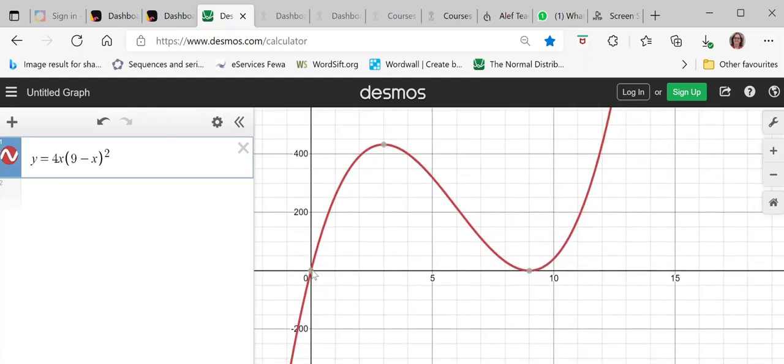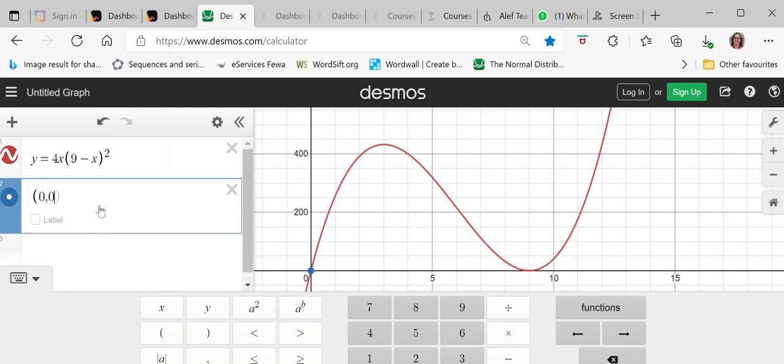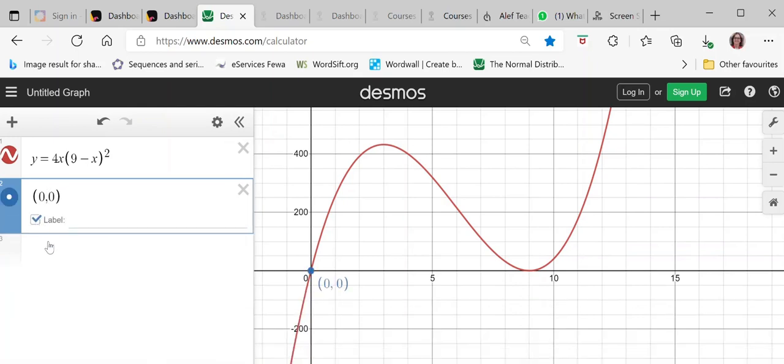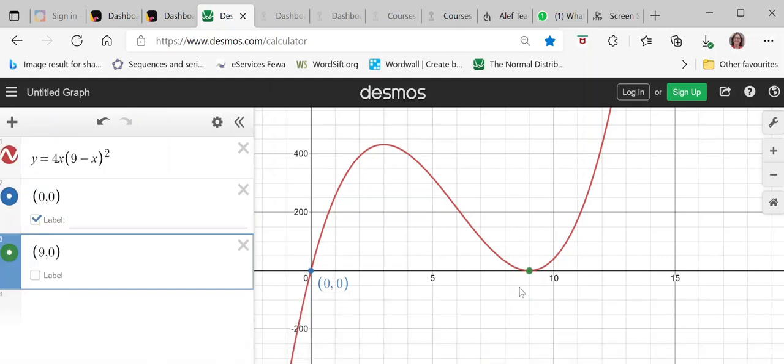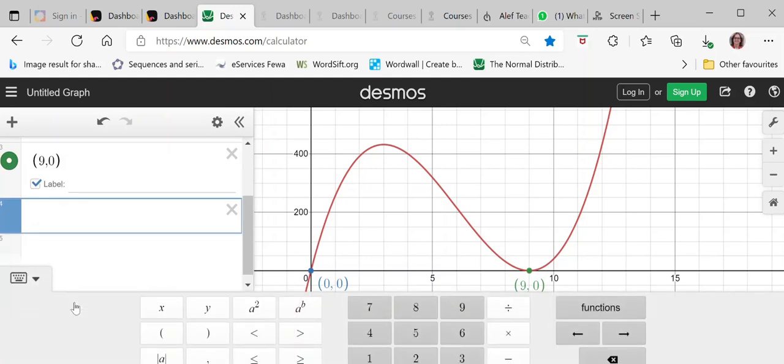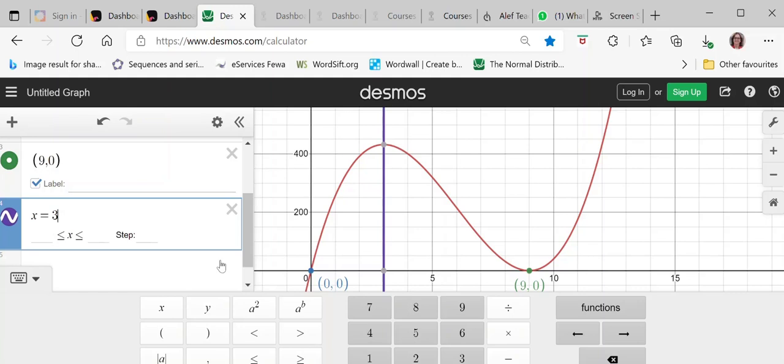So I can see that at 0, 0 and at 9, 0. Let's put those points in: 0, 0 and 9, 0. Okay, so this is the domain. I said x is equal to 3.